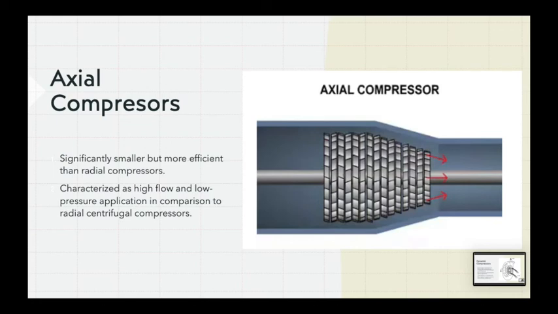And if the basic requirement is more towards efficiency and flow, then one should go for axial compressors. So axial compressors are those in which efficiency or flow is the main motive, and radial compressors are those in which the main motive is to gain higher and higher pressure.